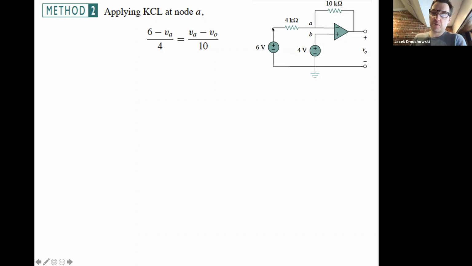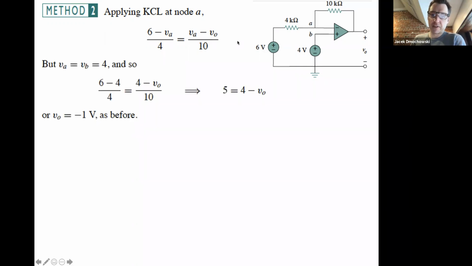The current from this point to node A is (6 volts minus VA) divided by 4. This term here is just the application of Ohm's law to this branch. The current flowing from node A to the output is equal to (VA minus V naught) over 10 kilo ohm. And those two currents have to equal each other.